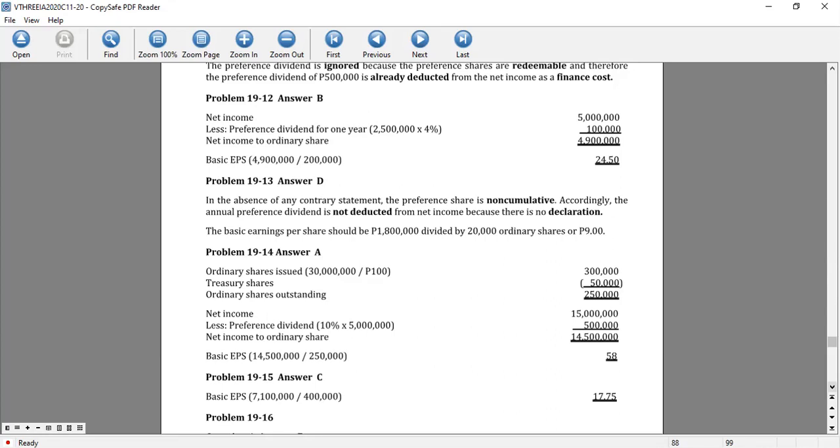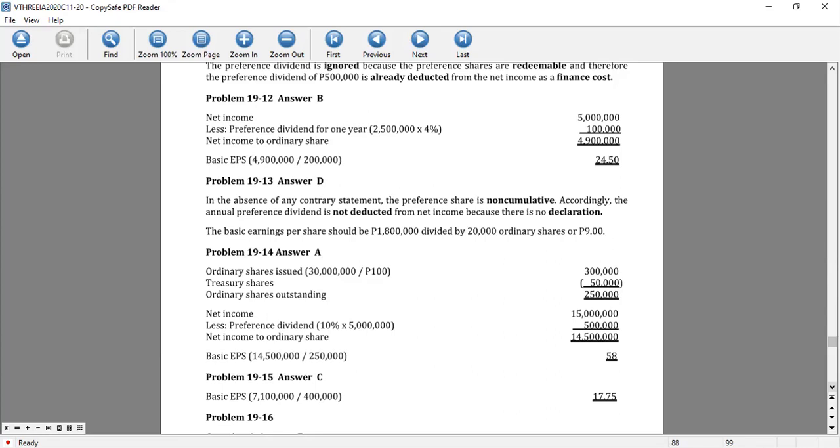So with 100,000 preference shares outstanding, we multiply 100,000 by 100 par value, and then by 4%. So we get the total for the preference shares: 100 par value per share multiplied by a total of 100,000 shares, 4% cumulative preference share.